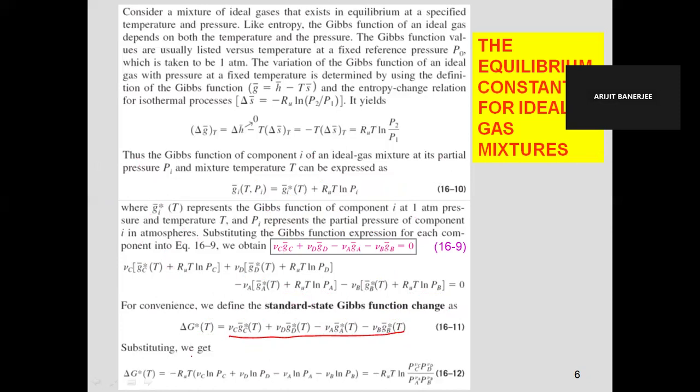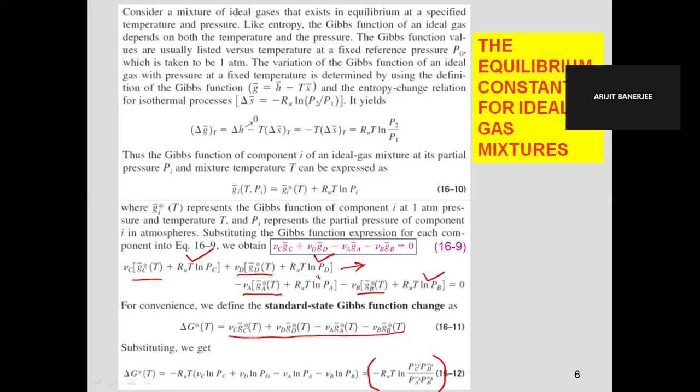Now, if I replace again in this term, these terms will be written in terms of the standard state Gibbs function change, and the other terms can be written in terms of the partial pressure, because the remaining terms contain partial pressure.